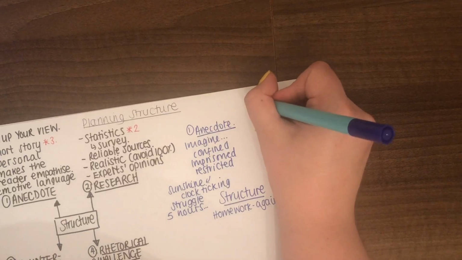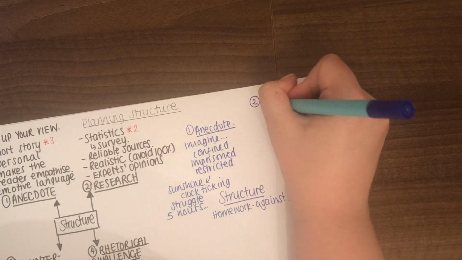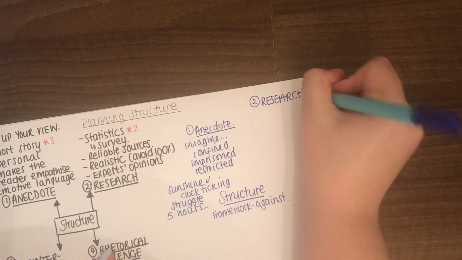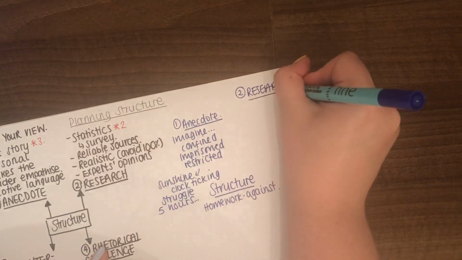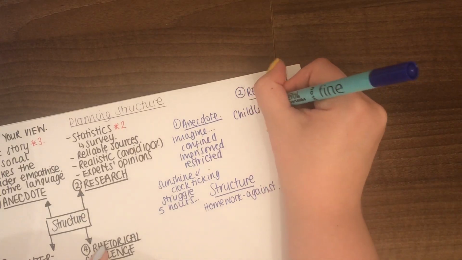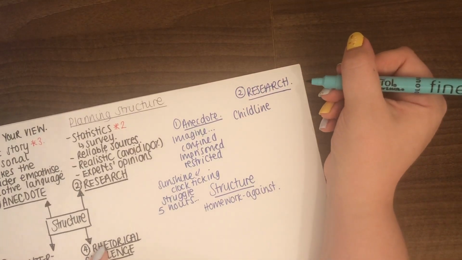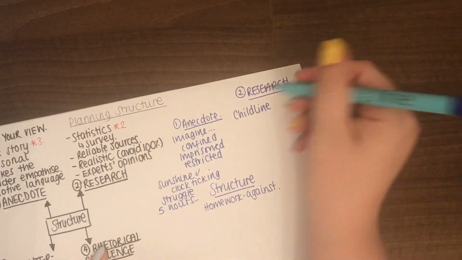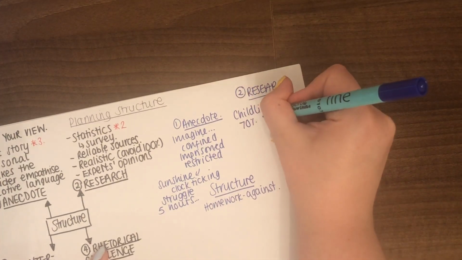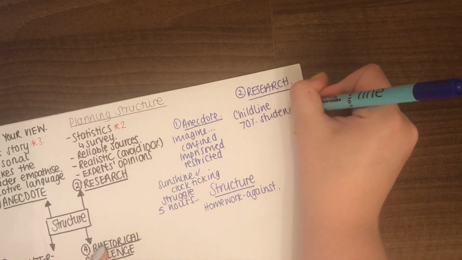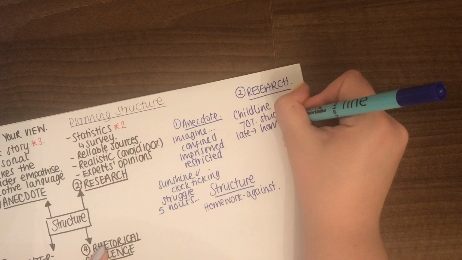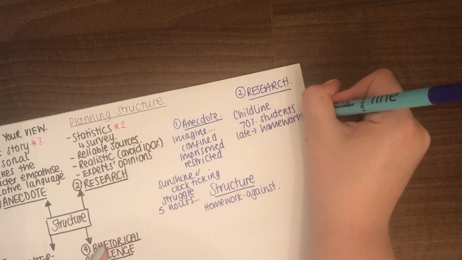Okay, research. I'm going to say that Childline, which often carry out studies into children's well-being, showed that 70% of students were staying up late for homework, not getting a good night's sleep.